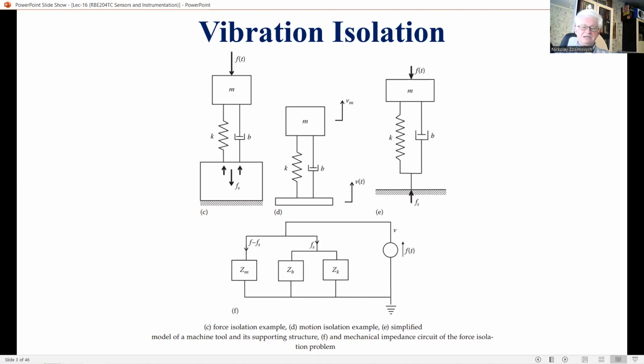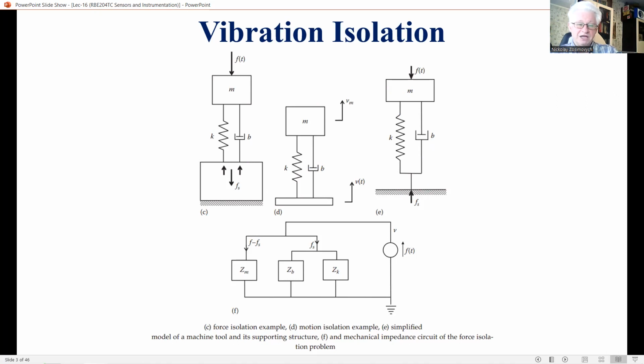First, consider the force transmissibility problem of figure C, which is shown in figure E. We adopted it, and this might represent a simplified model of a machine and its supporting structure.